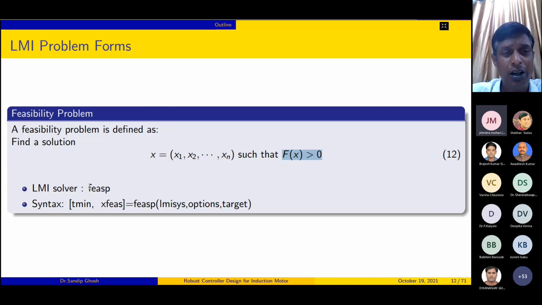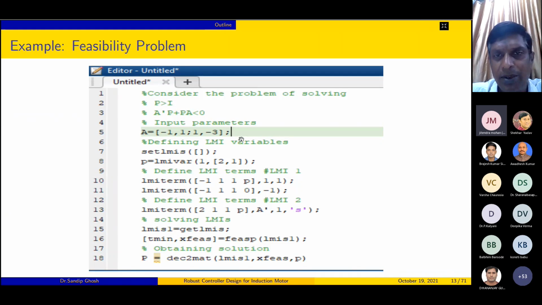The corresponding command or solver is FEASP, and its syntax looks like this using the MATLAB LMI control toolbox. And this is a sample program in MATLAB which solves a matrix inequality and obtains a matrix that satisfies these conditions using the FEASP solver.